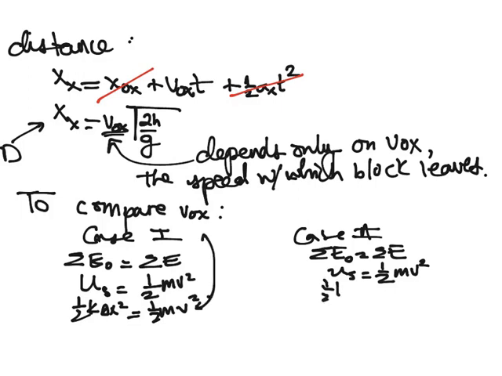So I have 1/2 k delta x squared equals 1/2 mv squared. My halves go away, and in both cases, since my equations are identical, I can solve for v. V is equal to delta x times the square root of k over m. Okay, and that's true in both cases.